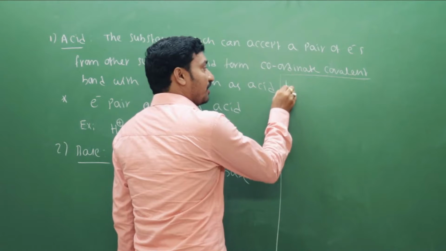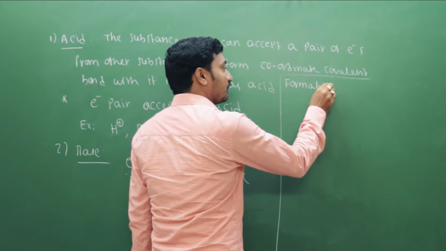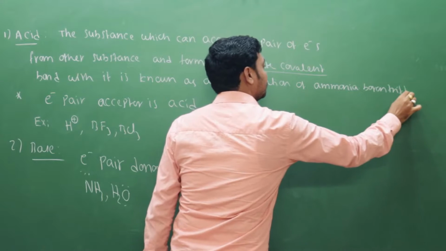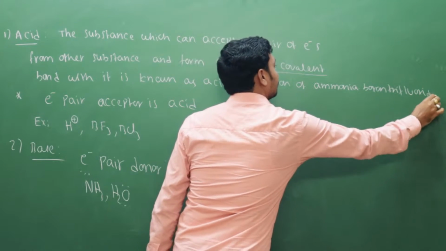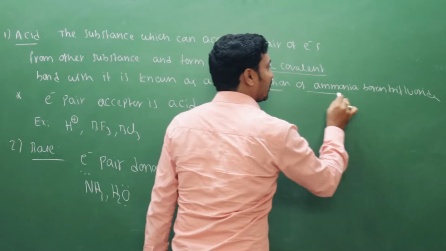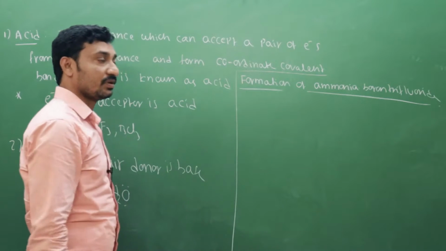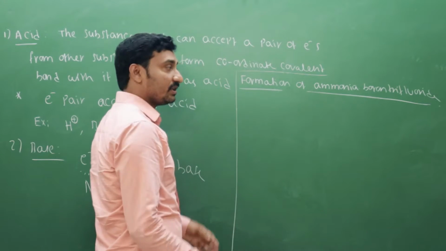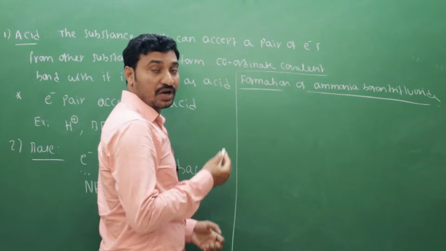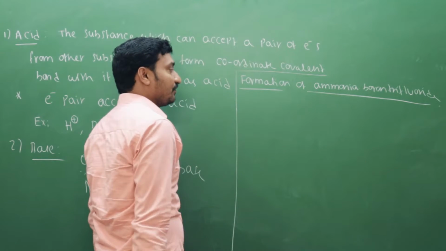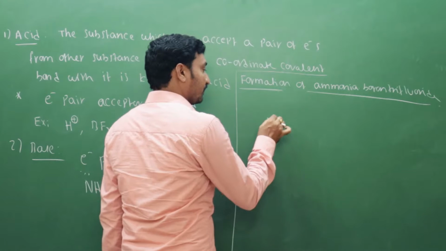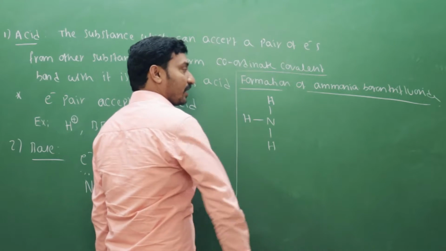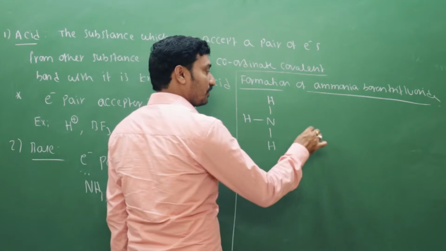Example, formation of ammonia boron trifluoride. In the formation of ammonia boron trifluoride, there is a reaction between ammonia, formula NH3, and boron trifluoride, formula BF3.